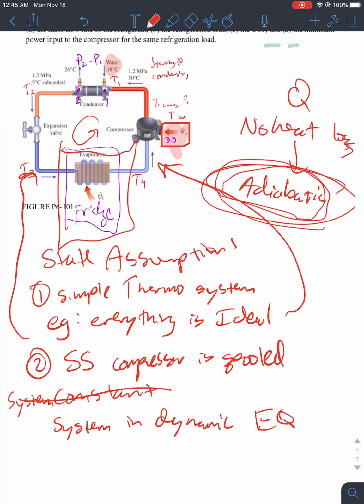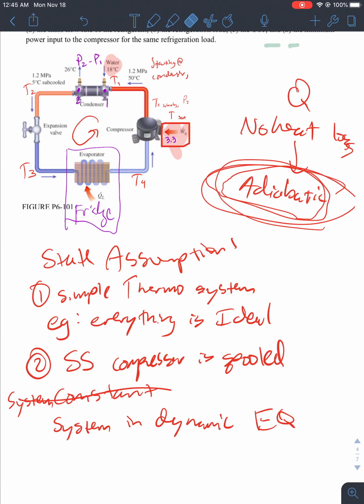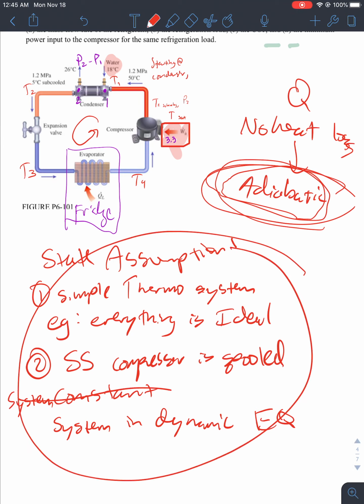If you look to the top left, this area, there's a flow rate that's constant. Here's a constant flow rate. Here's a constant flow rate. Everything's constant. All the flow rates and heat transfer rates are constant. So there's those assumptions, and there's arbitrarily a lot more assumptions you could make.